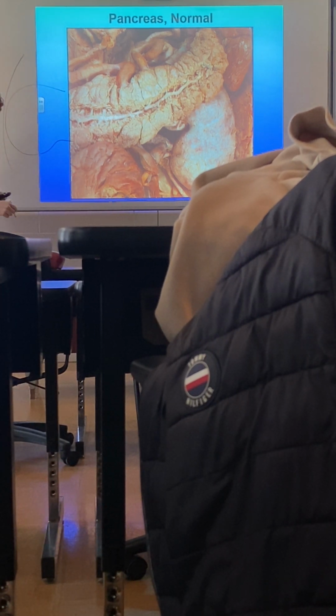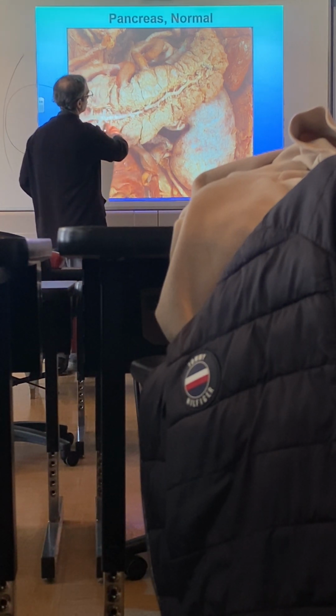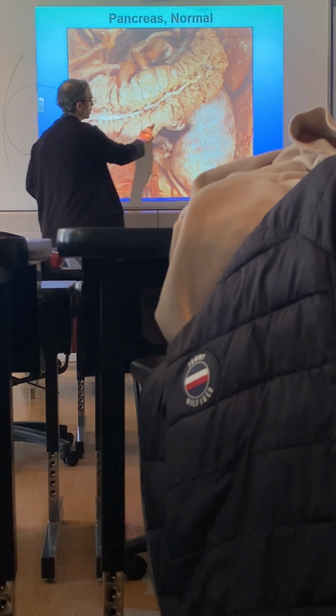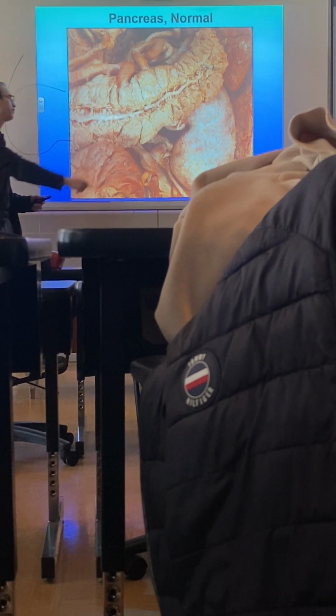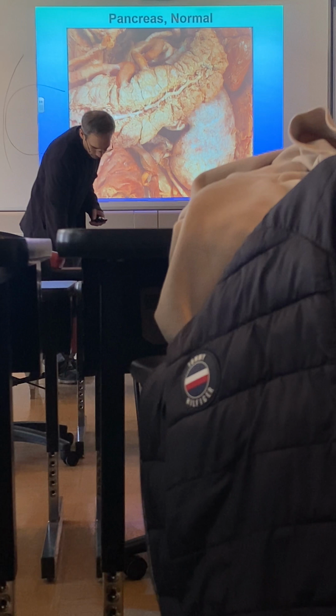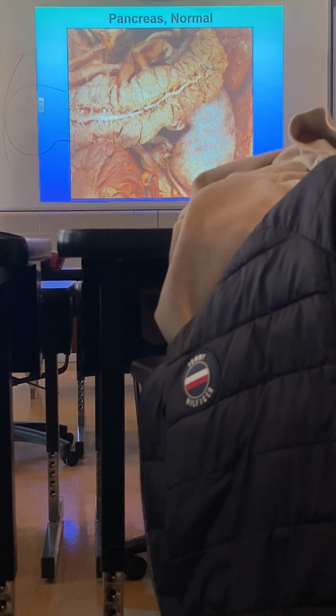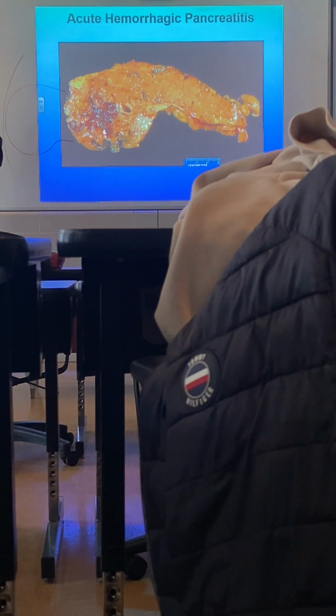You can see there's some other organ tissue in here, but this is pretty much what the pancreas normally looks like. You've got that pale gray look to it. Everything looks good there.